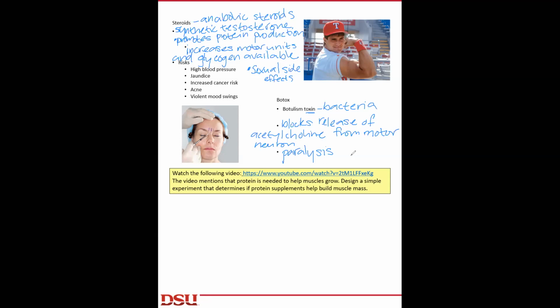And paralyzing them prevents movement. So the lines and the wrinkles that people are concerned about getting, especially in the forehead and around the eyes, between the eyebrows, can be short-term smoothed by simply paralyzing the muscle.